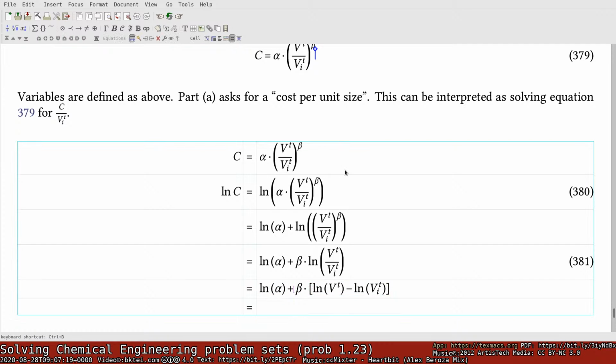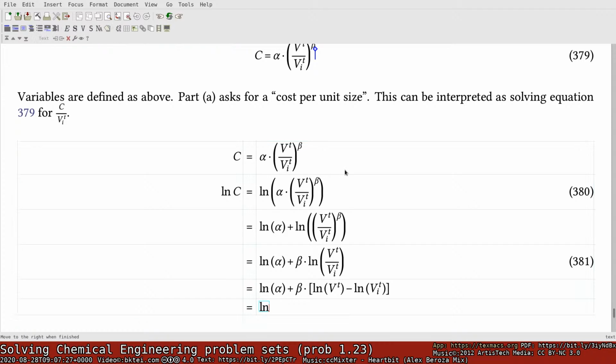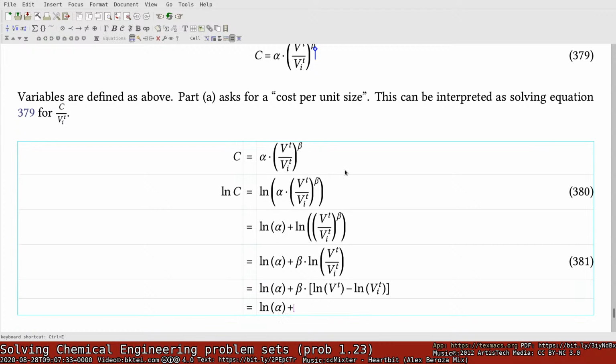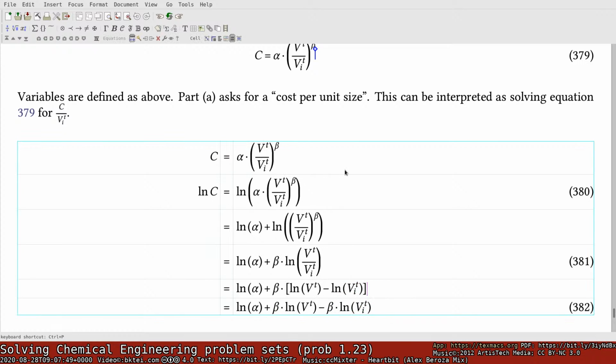So let's go ahead and break up that natural log of alpha plus beta, and then we're going to do this quantity here minus beta of this quantity here equals natural log of C.